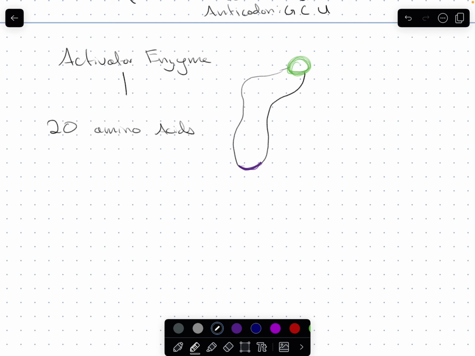And each activator enzyme is responsible for attaching one specific type of amino acid to the proper tRNA that is associated with it. So we have 20 different activator enzymes because we have 20 different amino acids.